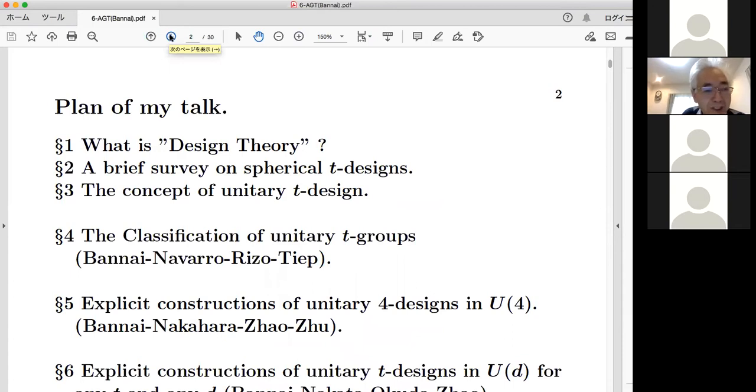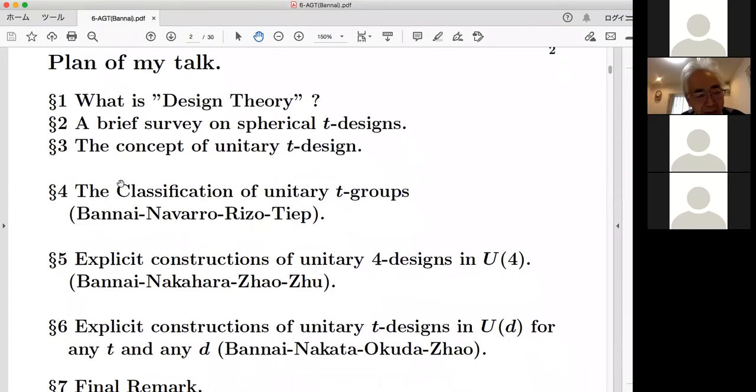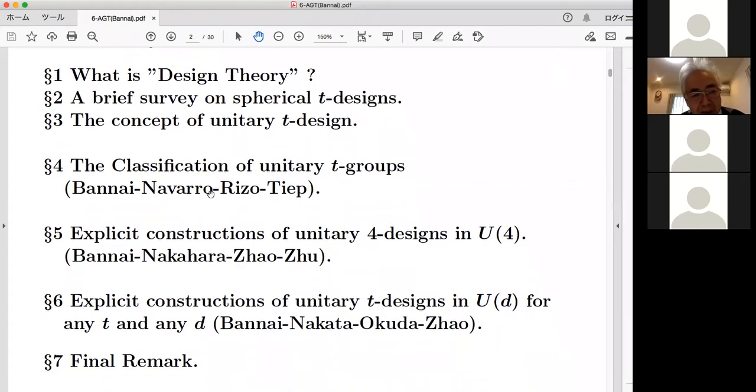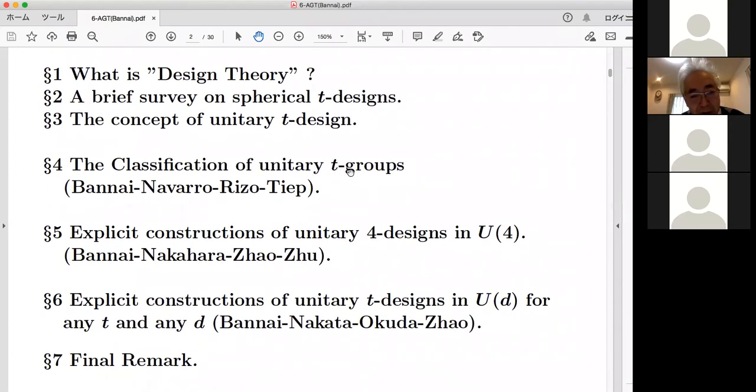The plan of my talk is as follows. First, I will explain what is design theory. Then I give a brief survey on spherical t-designs. And then we define the concept of unitary t-design. And then we talk about the classification of unitary t-groups, not designs, t-groups.